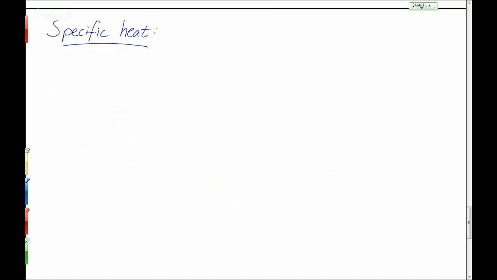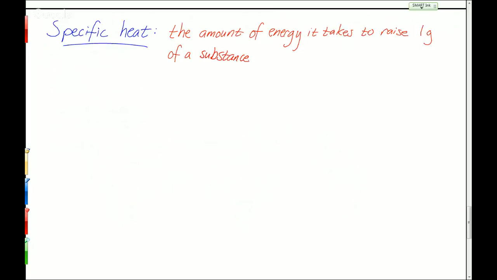Specific heat, or heat capacity, we're going to define as the amount of energy it takes to raise 1 gram of a substance 1 degree C, or 1 Kelvin.